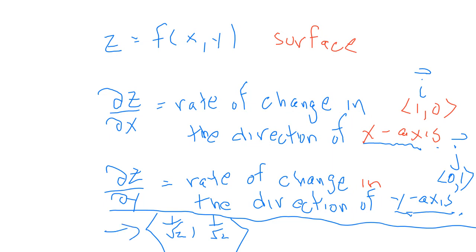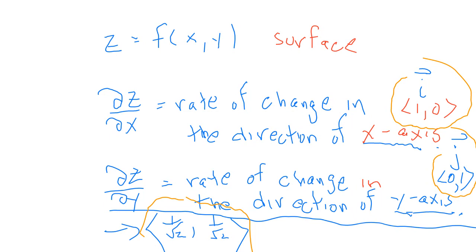And you notice, by the way, that when I say the direction, I'm always giving a unit vector. i and j are unit vectors. And in this little example, 1 over root 2, 1 over root 2, that's a unit vector going in between the positive x and y axes at a 45-degree angle.